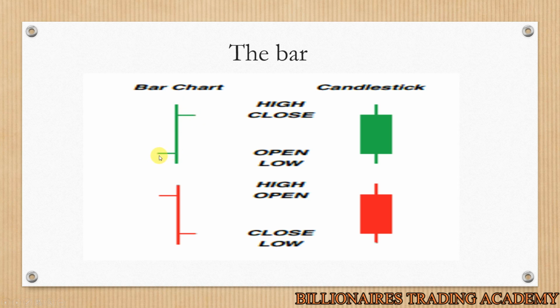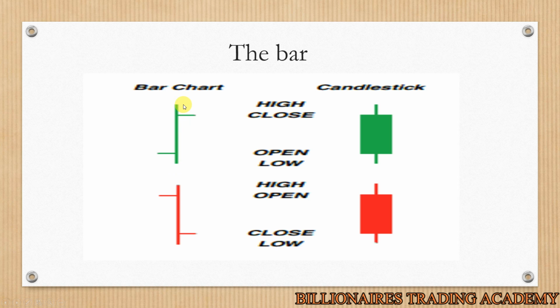Sorry, I don't know why I'm always making these mistakes. Okay, so the opening price on this one is on the left, the closing price is on the right. We see the opening price is lower than the closing price. This means this is a bullish bar.